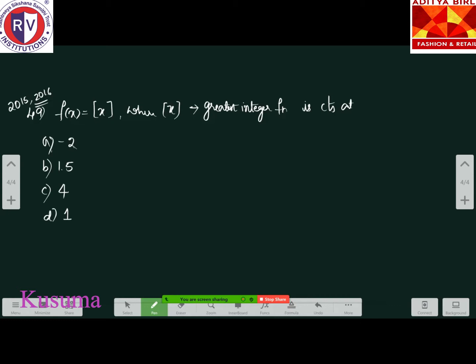We have seen questions involving this greatest integer function, even while doing problems on trigonometry, relations and functions. So can anybody tell me what is this greatest integer function? How do we define this?